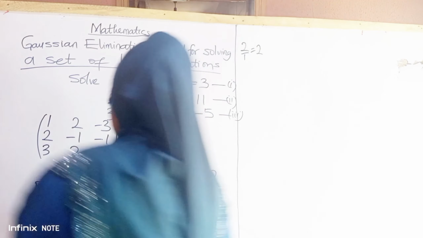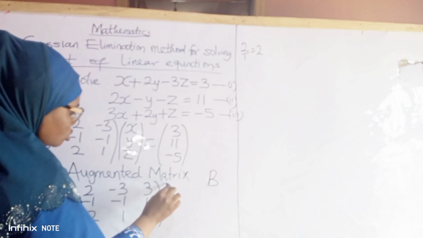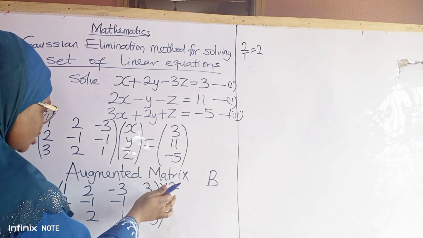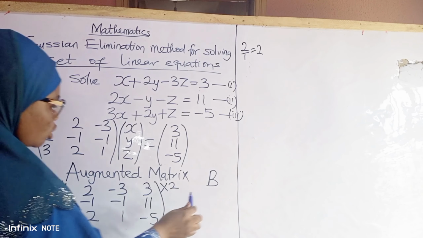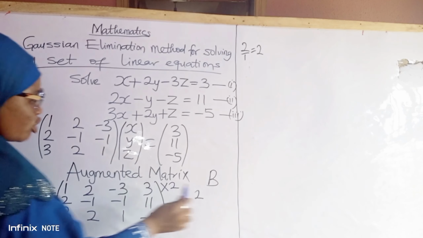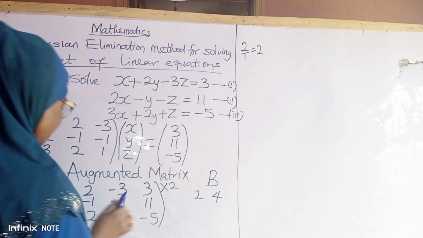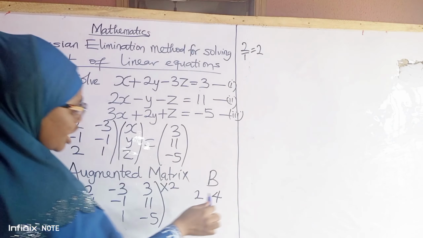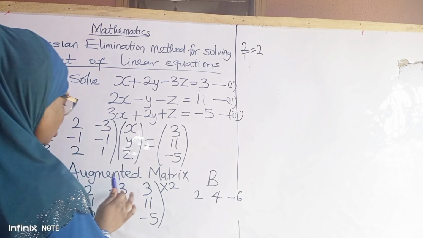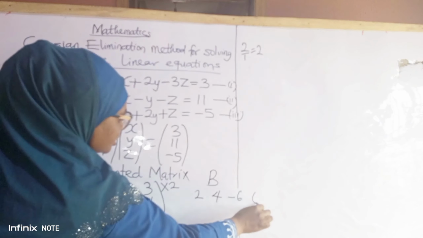This 2, you use it to multiply the first row. 2 multiplied by 1, we have 2. 2 multiplied by 2, we have 4. 2 multiplied by minus 3, we have minus 6. 2 multiplied by 3, we have 6.